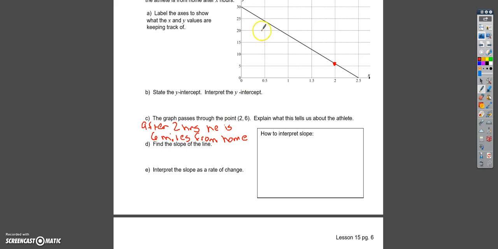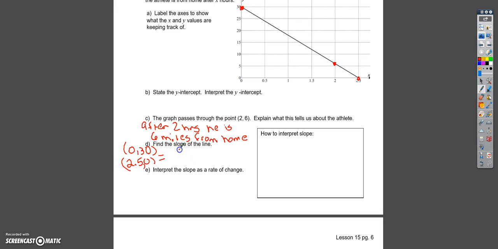Find the slope. Well, the slope, our good points are our intercepts. So we're going to say 0, 30 and 2.5, 0.